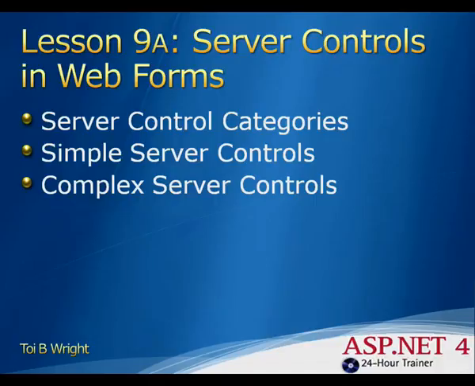Now, while these server controls that I've just mentioned map one-to-one with existing HTML elements, there are many server controls that are much more complex. For example, the calendar server control, when printed, takes 5 pages of text to print all of the HTML that is rendered by that control.